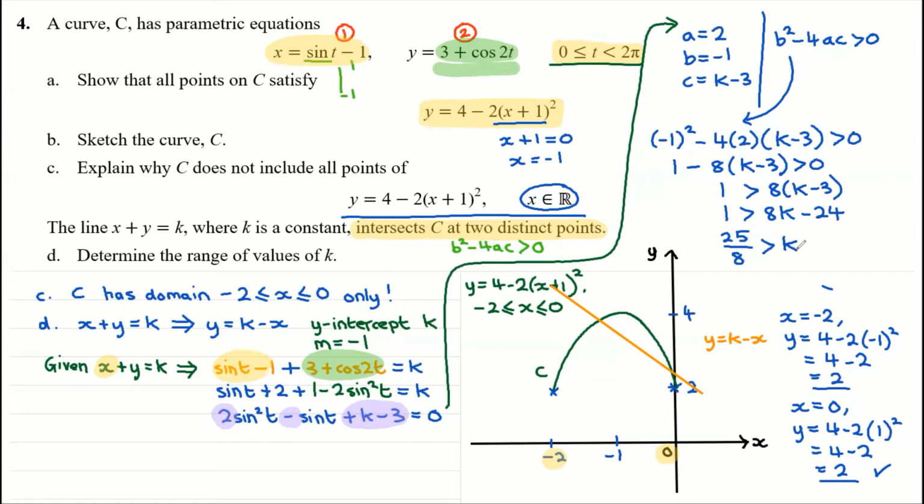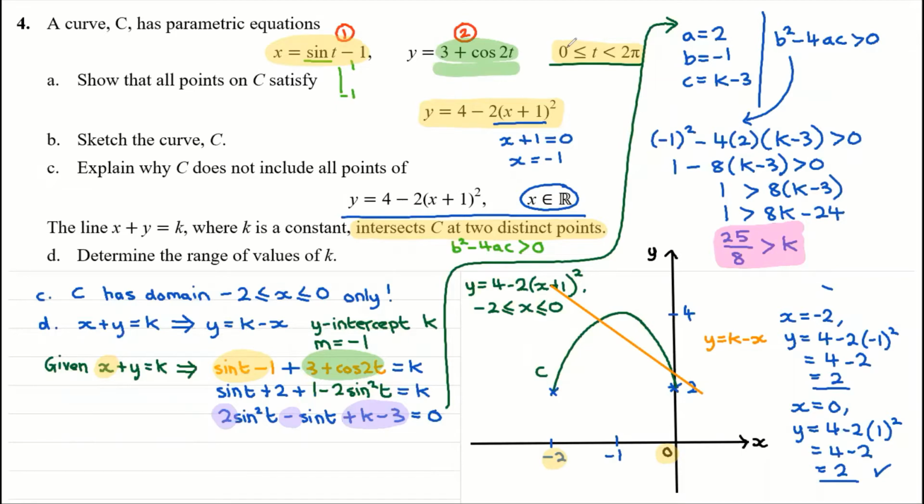Now, this is almost where we want to be. We've got a restriction on k. Now, remember, k is the y-intercept of my straight line. If you're not sure what 25 over 8 actually looks like, it's actually quite simple.